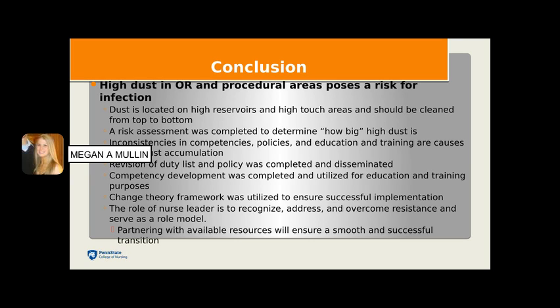In conclusion, high dust in OR and procedural areas poses a risk for infection. Dust is located on high reservoirs and high-touch areas and should be cleaned from top to bottom. A risk assessment was completed to determine how big high dust is. Inconsistencies in competencies, policies, and education and training are causes of high dust accumulation. Revision of duty list and policy was completed and disseminated to all staff.